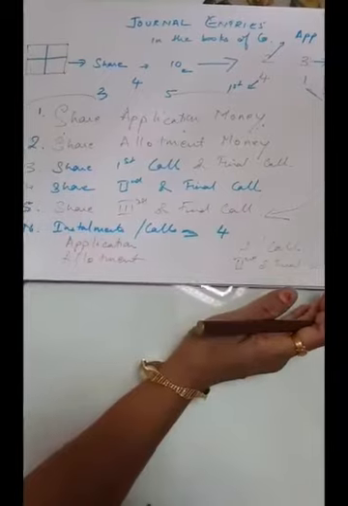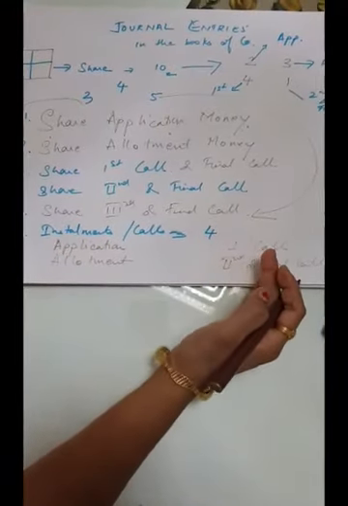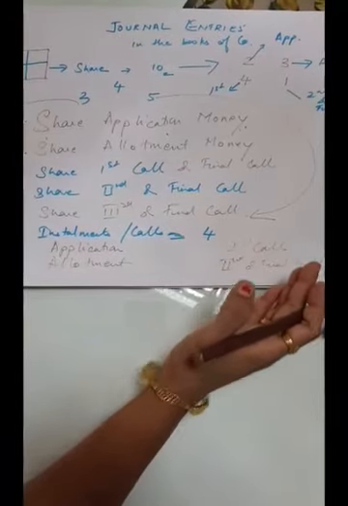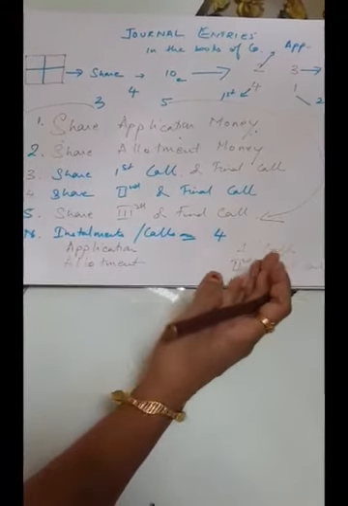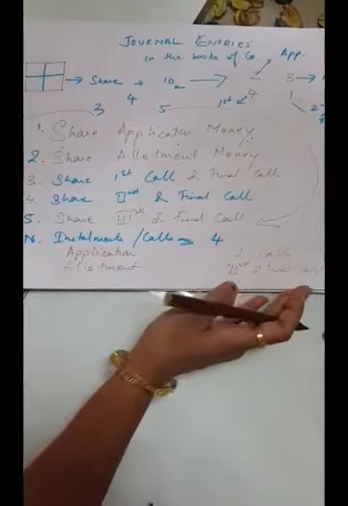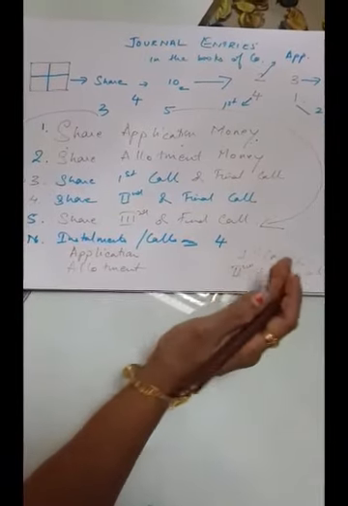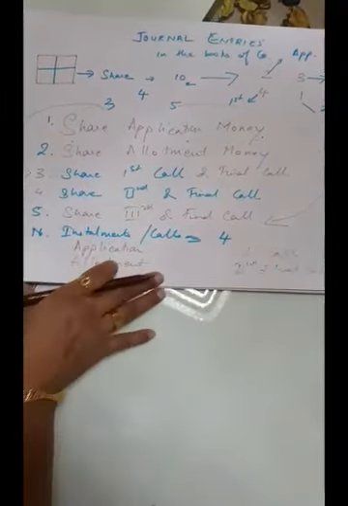You go through this video once again and understand the concept as to how the shares are divided. When I come back to you after a period of 15 to 20 minutes, you can start with the numericals.